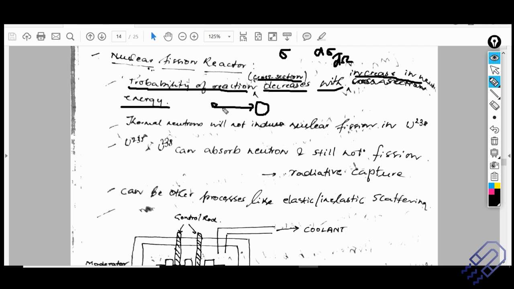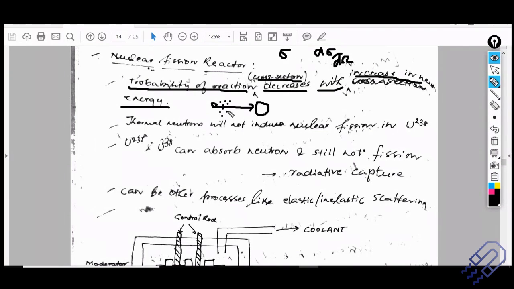For that we use something which we call the moderator, if you remember. The moderator might be graphite or heavy water. Heavy water is mostly used. Even if a neutron is coming out at a very fast speed and you want to slow it down further, you can use some heavy water there, and this will slow down the neutron.